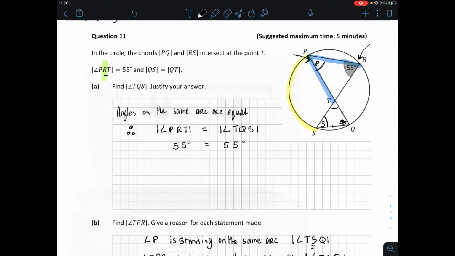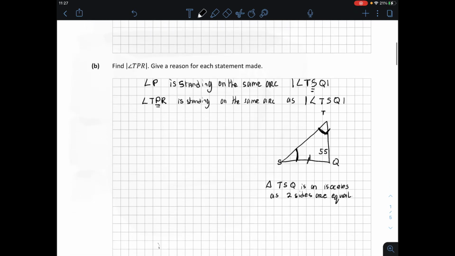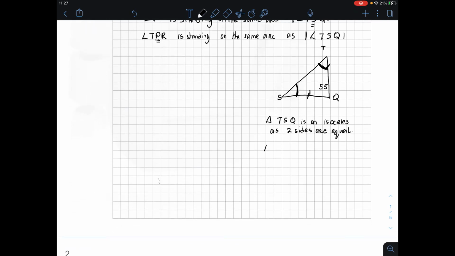So the opposite angles, angle T and angle S, will be equal to each other. How can we find angle T and angle S? We know that in a triangle, all angles add up to 180 degrees. So how can we find our unknown angles?